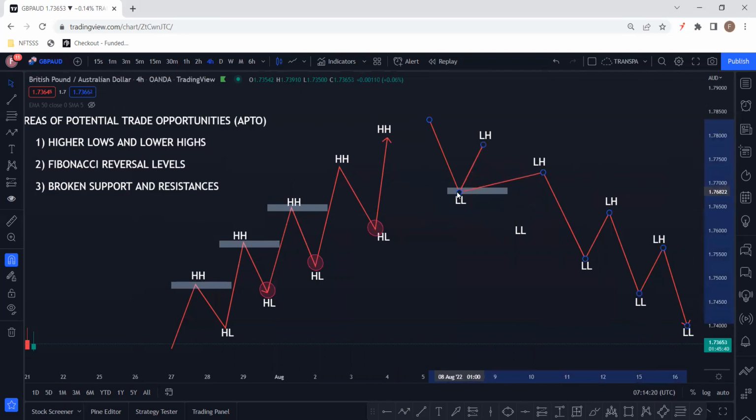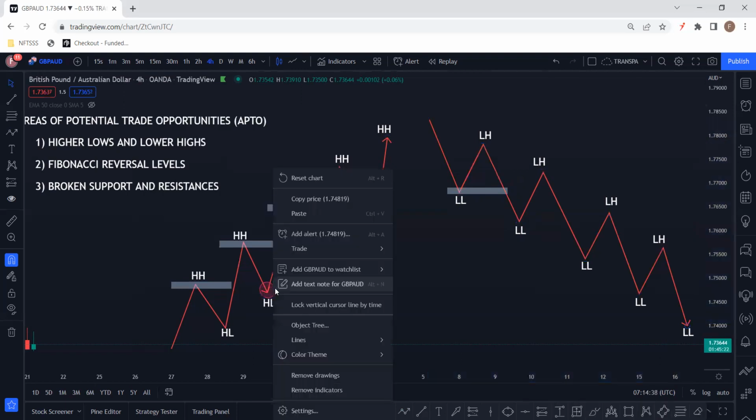You have identified that price has broken below the previous low and has formed a lower low. You cannot sell from a lower low. It's too risky to sell from a lower low. You want to wait for a pullback. The best place to sell from would be at a lower high.